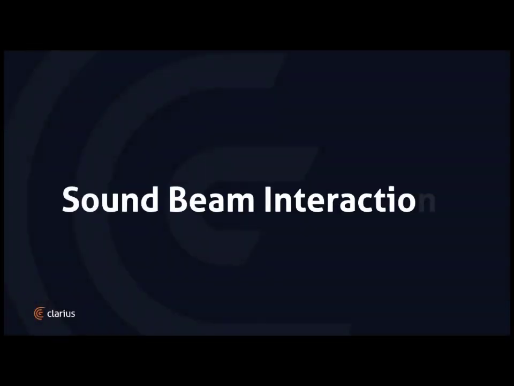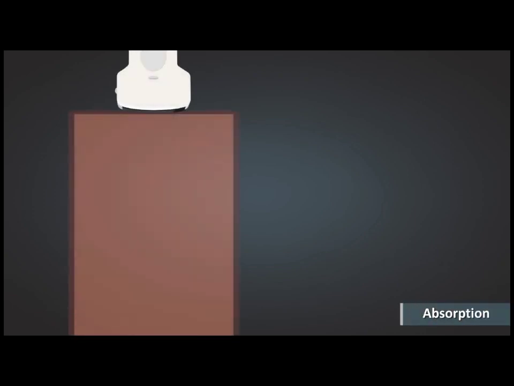Understanding sound beam interactions, including attenuation, reflection, and the effects of frequency. With ultrasound, the major source of sound wave attenuation in soft tissue is absorption, which is the conversion of acoustic energy into heat. This results in the ultrasound wave becoming weaker over distance.